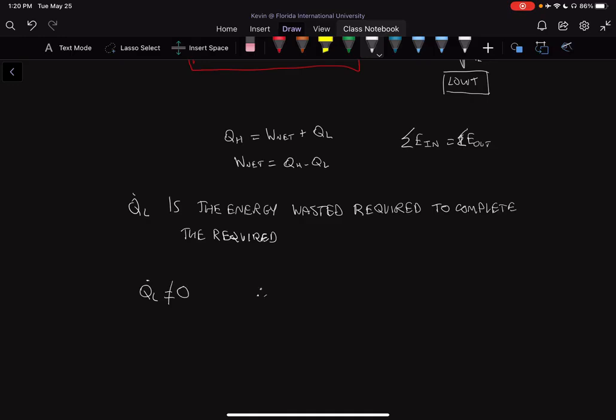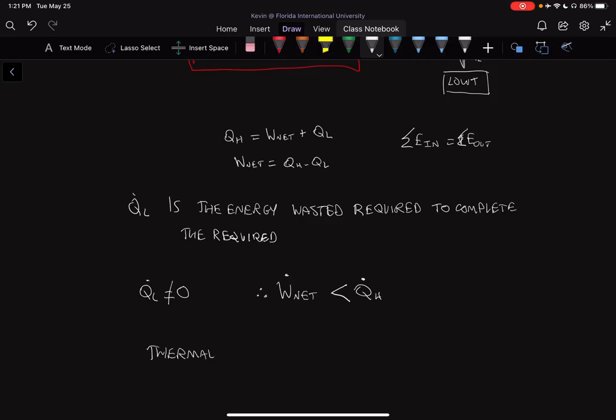And therefore, it means that our power net, okay, our W dot net, is always going to be less than Q dot H. If there is no heat loss, then it is impossible for us to complete the cycle over and over and over and keep the cycle the same. Okay, that's very important. And we can now determine a new term called thermal efficiency.